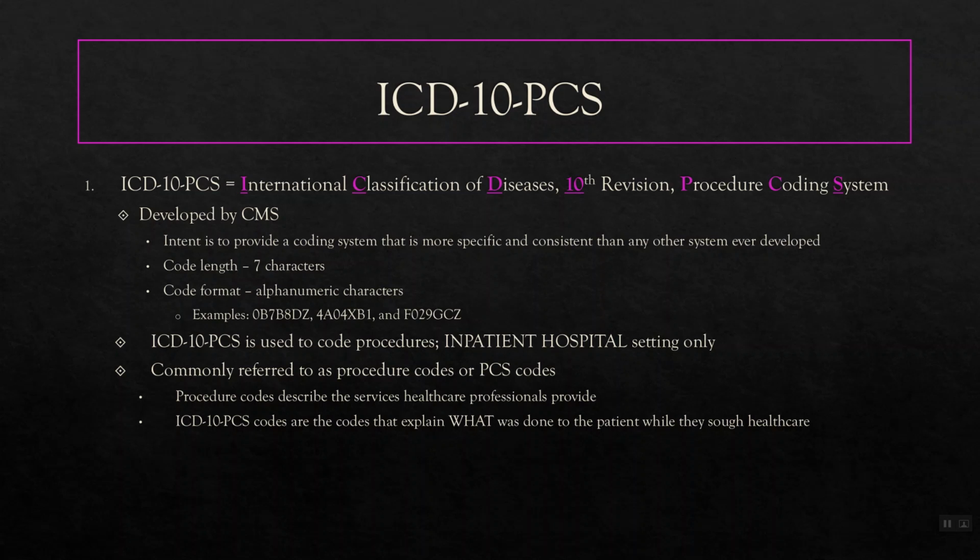So let's talk about the why, right? The patient has advanced arthritis of the knee, so they're coming to get their knee replaced. So it's that arthritis that explains why the patient's seeking treatment, and the knee replacement is what happened to the patient while they were seeking those services. So it was what was provided to that patient.